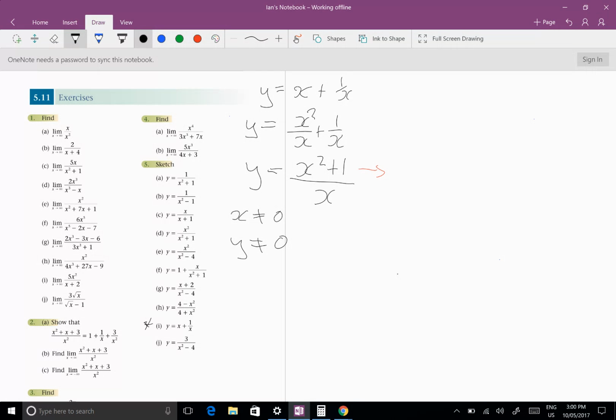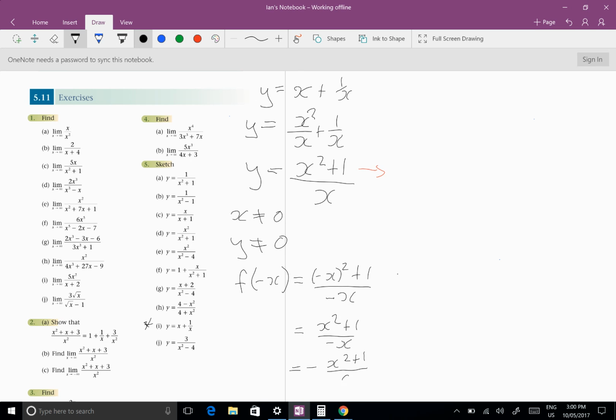Now, because it's in this form, x squared plus 1 over x, let's try f of minus x. We go, okay, well that gives me minus x all squared plus 1 on minus x, which gives me x squared plus 1 on negative x, which gives me negative x squared plus 1 on x.